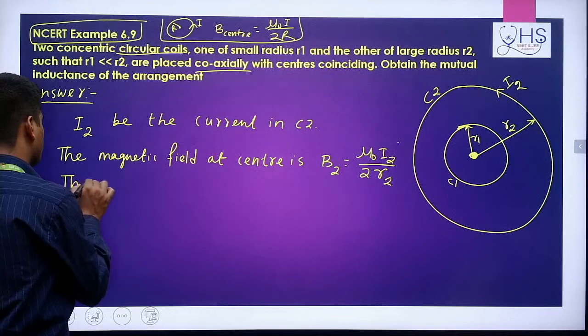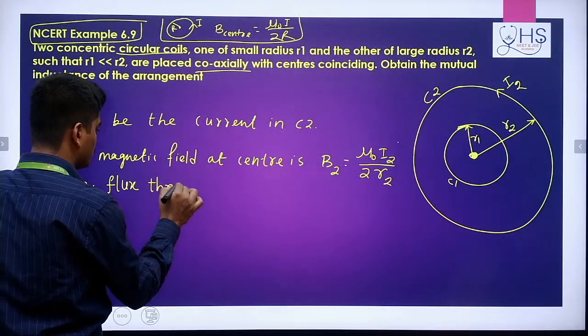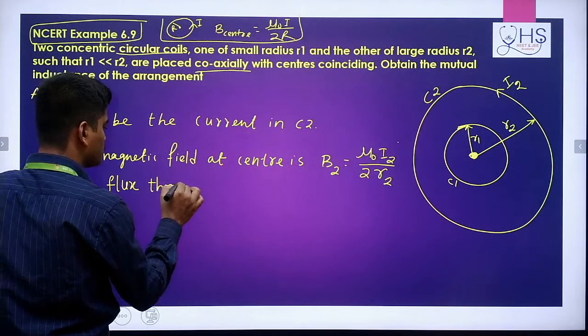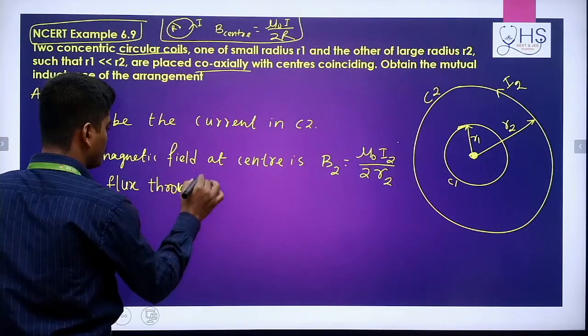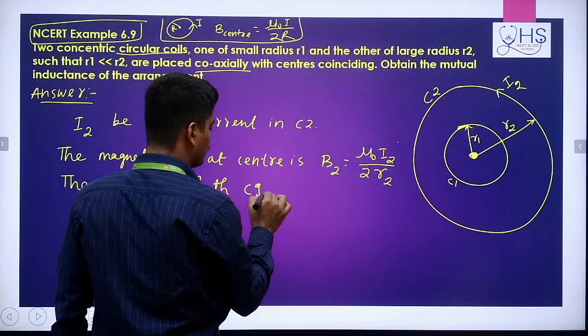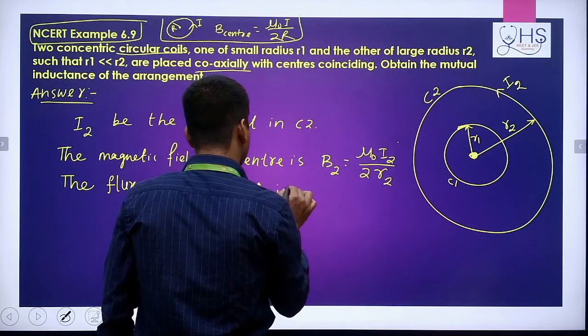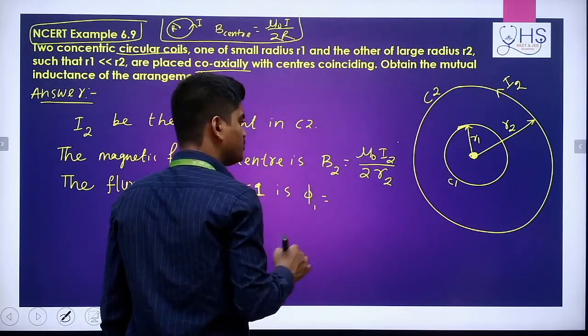Now the flux through the coil 1, the inner coil, that is phi 1, how much will it be?